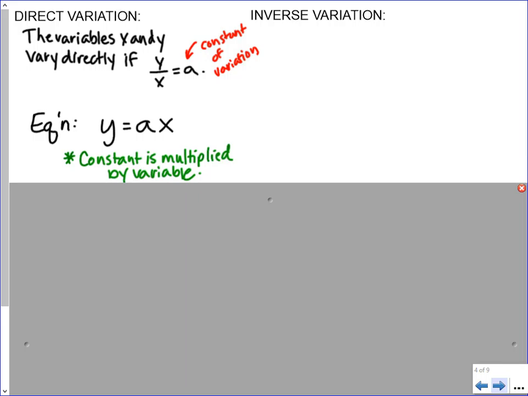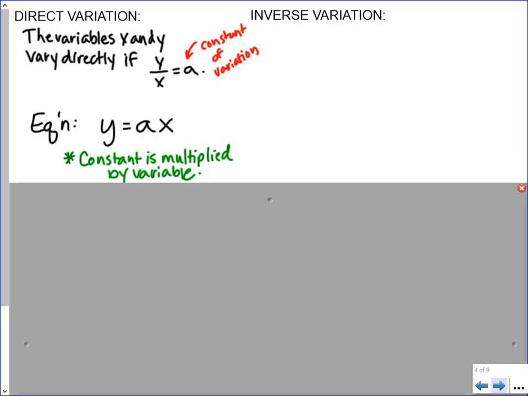It doesn't have to be the letters y and x. You know, if we're talking about a word problem, we could replace them. So we could say like p equals a times r. But since the constant of variation is getting multiplied by like a variable r, that would be a direct variation. And a is really going to be a number.